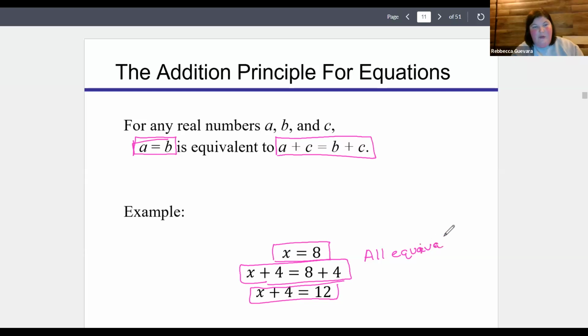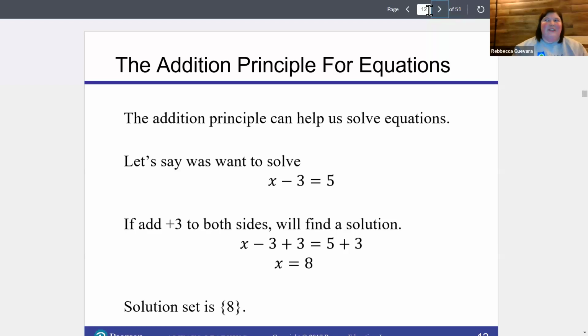Equivalent does not exactly mean the same thing as equal. To be equal means to be exactly the same. To be equivalent means kind of like they're approximately the same.